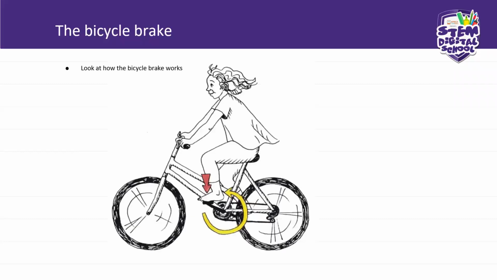Now, today, I said we are going to look at brakes. All along we've been looking at systems and how they operate. We looked at systems diagrams, okay? Can somebody please remind me, what are the components of a systems diagram?